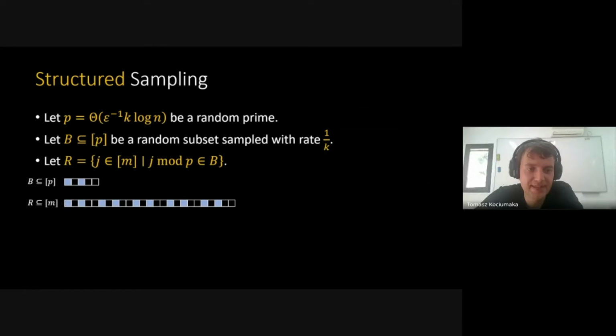And then we repeat this periodically every p characters. So our actual sample contains a position j if and only if its remainder modulo p belongs to the sample B. In other words, the events that we include a position in the sample are independent if the positions are different modulo p, and they are completely dependent if they are the same modulo p.